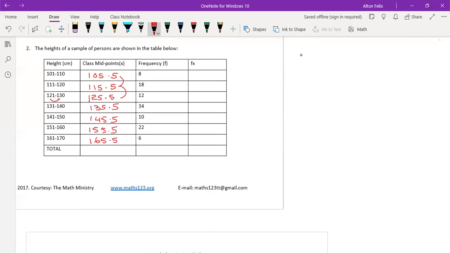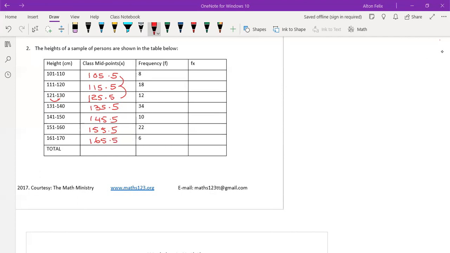Okay. So for completeness' sake, let us just add up the values here. 8 and 18, that'll give us 26. So we're going to add 26 plus 12 plus 34 plus 10 plus 22 plus 6.